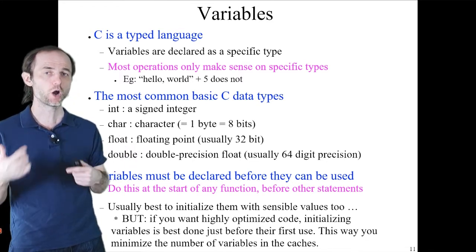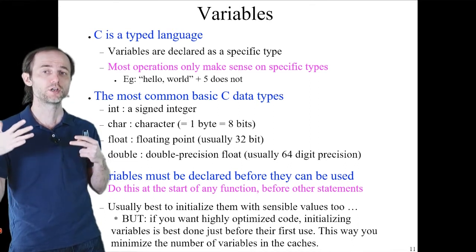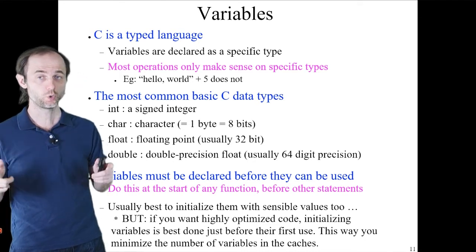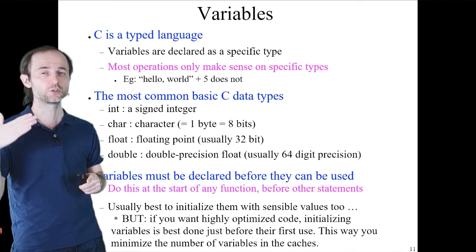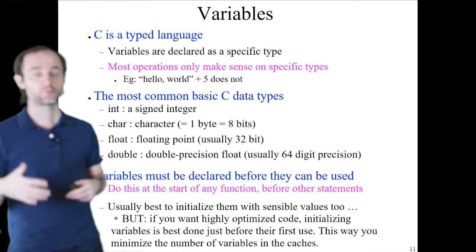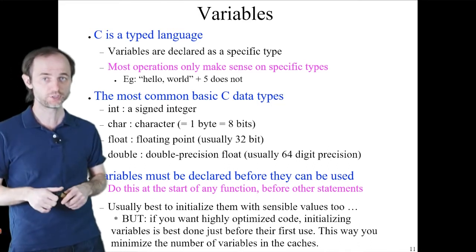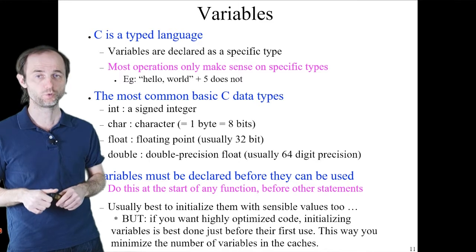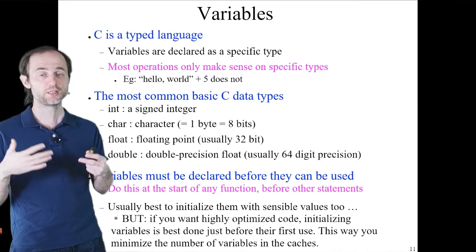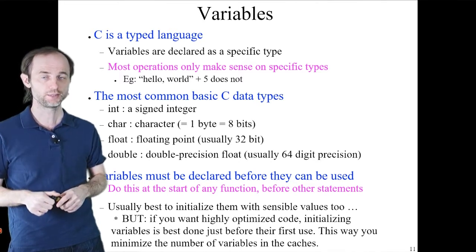But if you have a complicated algorithm that is crucial that it runs very fast, then you actually don't want to initialize the variables until just before you use them for the first time. That way you will minimize the number of variable values that will be sitting in the cache and will make life easier for the compiler and for yourself because your program will run much faster. So if all of your variables fit within the caches, then it will be much faster because caches are the fastest types of memory that the program has access to.